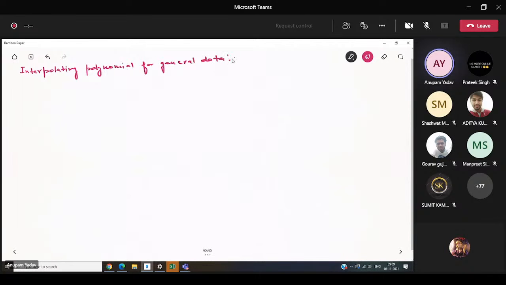Here by general data we mean that it may be equidistant, or it may be non-equally spaced. In this case we will learn two methods. One of them is the Lagrange interpolation method.